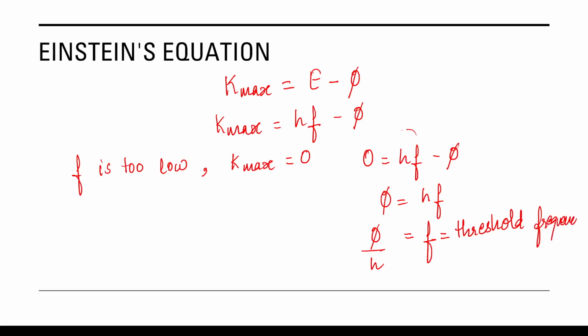If the energy is less than this energy, it will not be able to break the bonds. Will the electron come out? No, it won't come out. So that's the threshold frequency, the minimum frequency at which the electron will just break the bonds, and then you can attract them by giving a positive potential. So the threshold frequency is the minimum frequency.